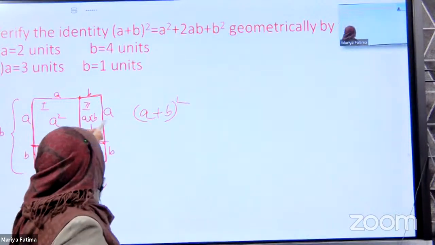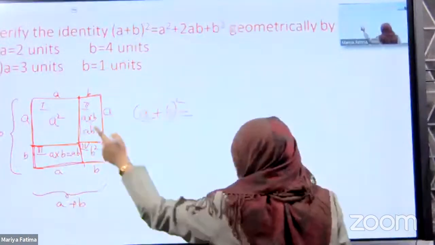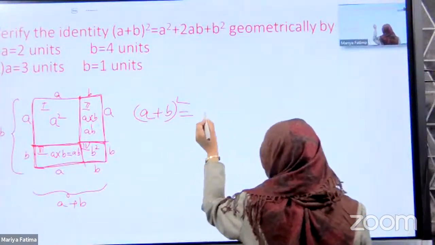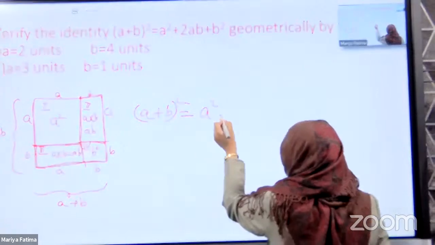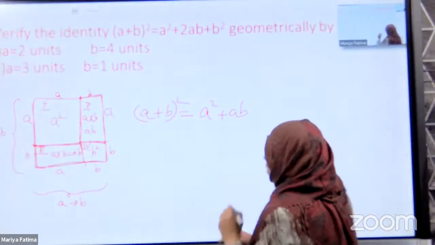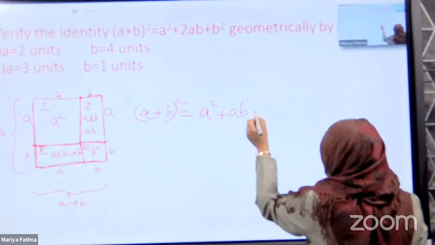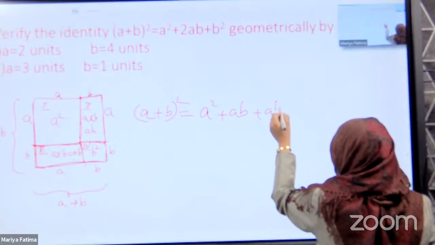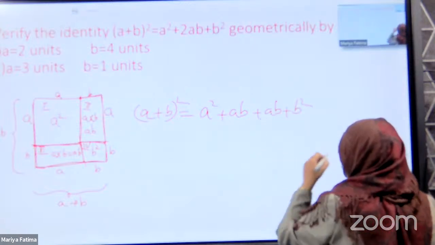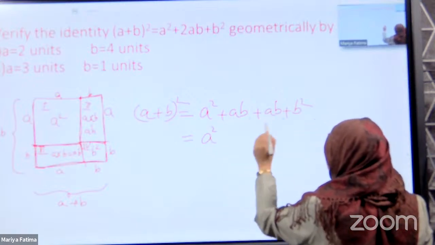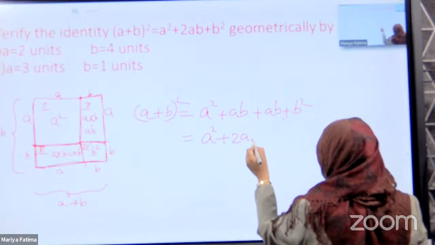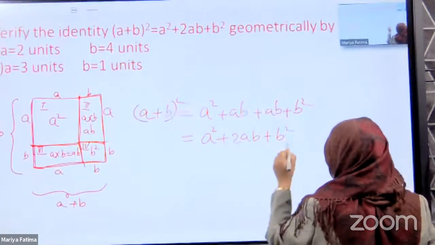So here we are adding this. What is the answer of the first square? It is A square. The second one is plus AB. Then third one is plus AB. Then fourth one is B square. So here A square plus AB plus AB will become 2AB plus B square.